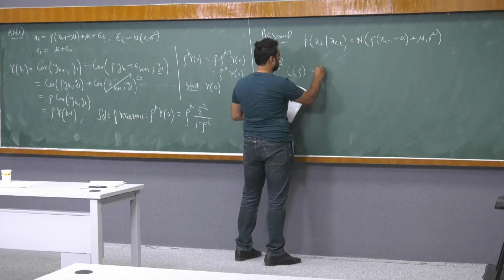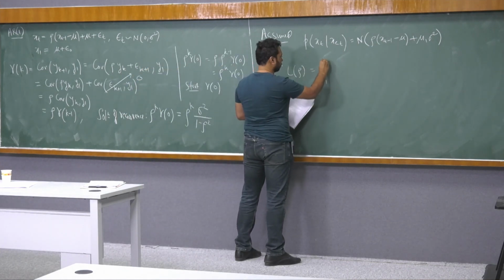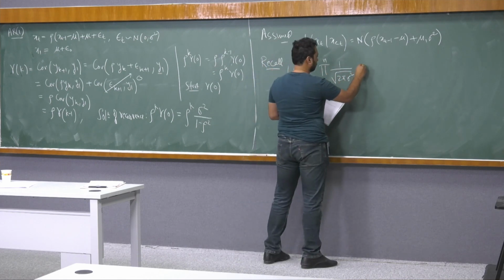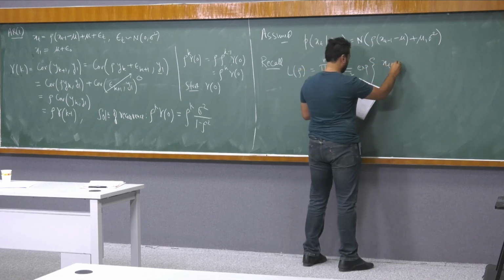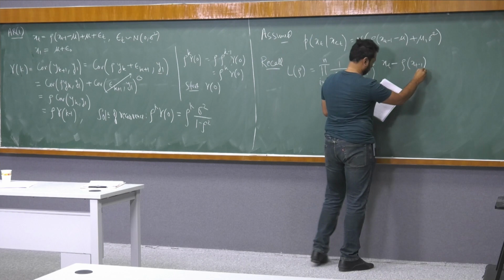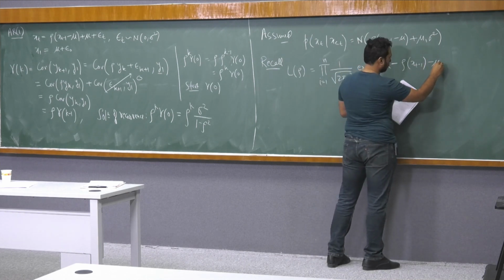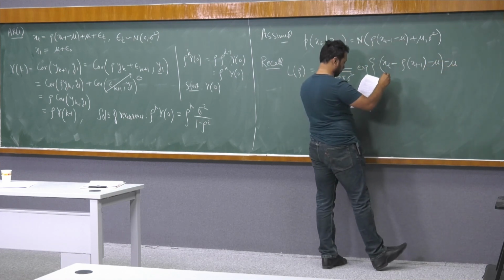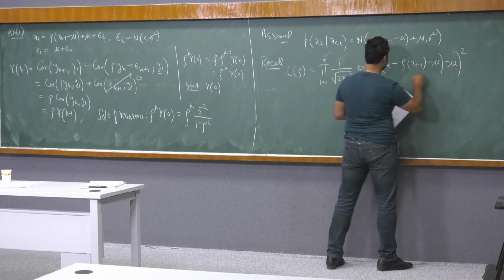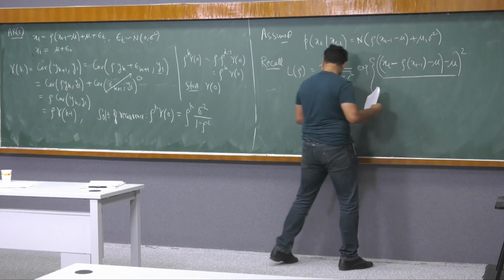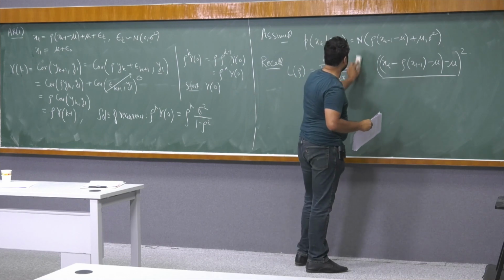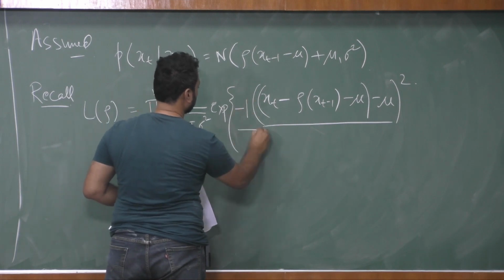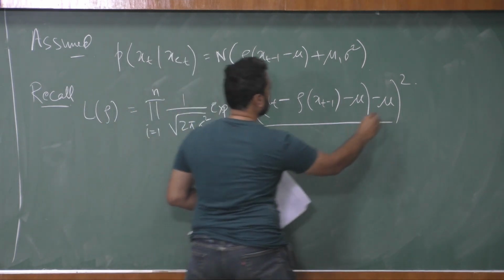So this will be the product over t equal 1 to n of 1 by square root of 2 pi sigma squared, times the exponential of minus 1 over 2 sigma squared times (x_t minus rho x_{t-1} minus mu) whole thing squared.